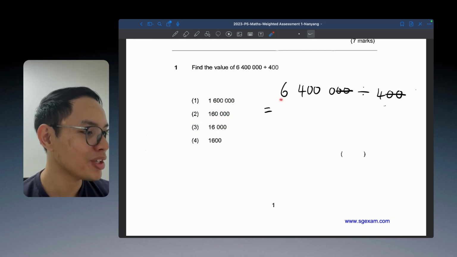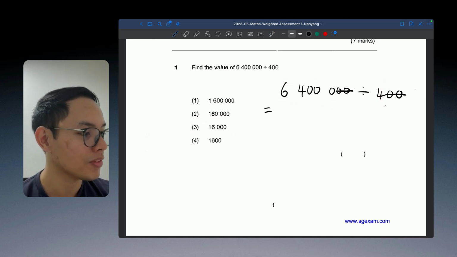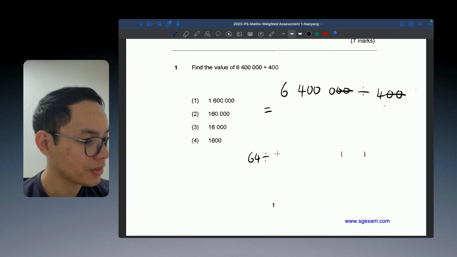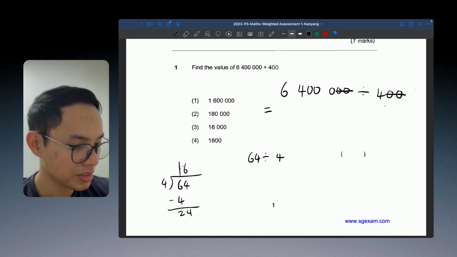At the same time, if you want to practice your division, the easiest way is to divide 64 divided by 4. If you want to do the workings, 4 goes into 6 once, minus, 24. So 24 is actually 6, which is what you see over here.